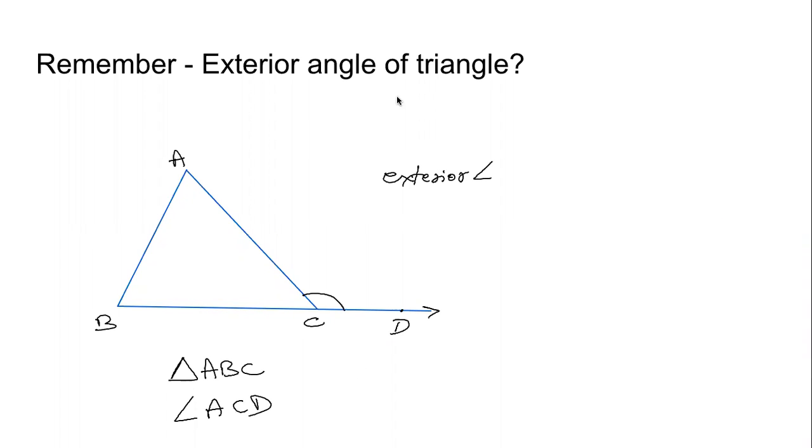Okay, now let me see if you remember what we need to know. If I ask you to tell me how these three angles are related, what are the three angles? The three angles that I'm asking you about are angle ACD, angle BAC, and angle ABC. Do you remember how they are related to each other?